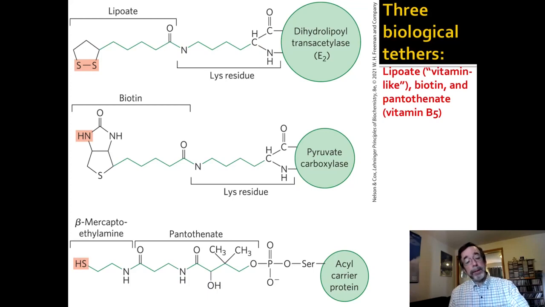You have this nitrogen pentagon for biotin that can bind carboxyl groups. And then we have another one that's a thiol. That's a little bit like how we were talking about CoA as well. We'll talk about that one later. The only thing is that you might see pantothenate, this other weird structure that you need for this other weird enzyme. That's going to be a vitamin too, and it turns out that that is vitamin B5.